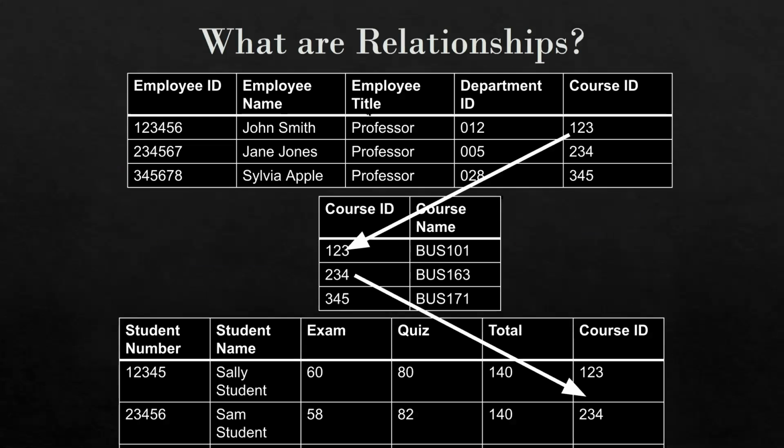So using this relationship, an employee has a minimum of being in one course. You have to have at least one employee teaching a course in order to offer the course.